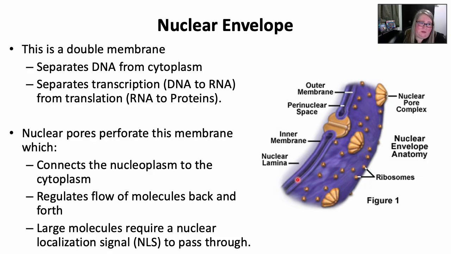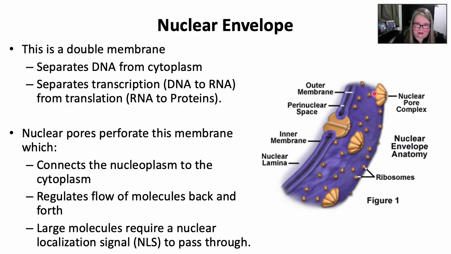Now, our nuclear envelopes have proteins in it called nuclear pores. Okay, our nuclear pores are these kind of raised options here. Okay, these are going to be scattered throughout the membrane, and they're going to perforate, or they're going to cross both the inner and outer membrane, so this double layer.